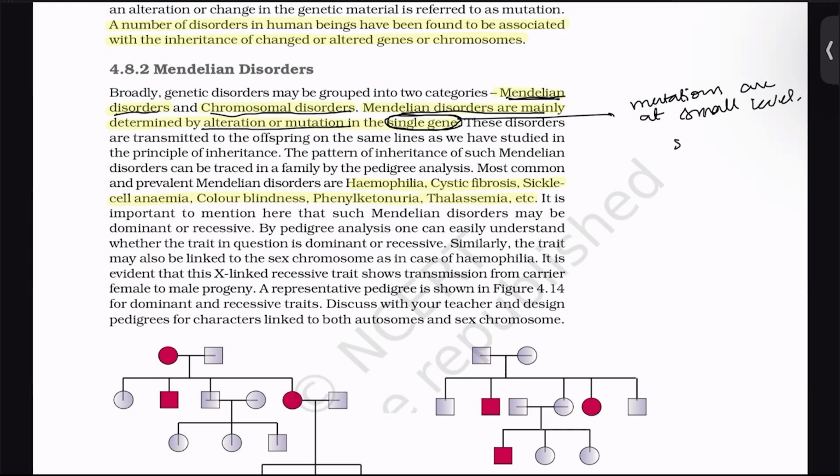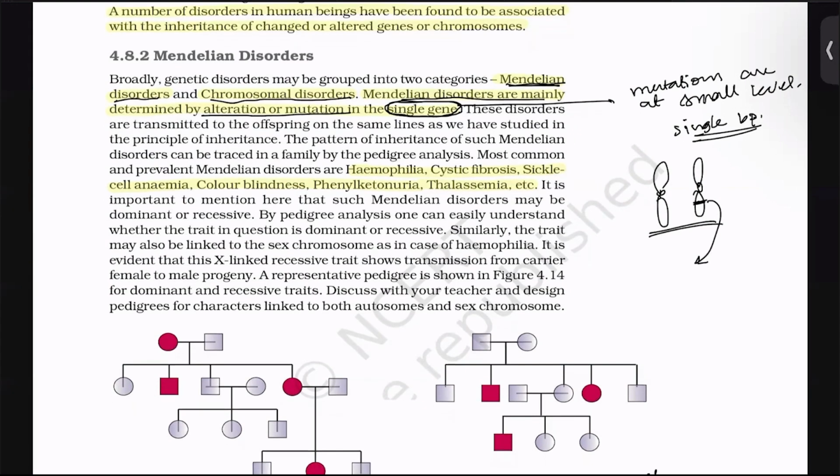Only a single base pair is getting mutated, so the structure of the entire chromosome remains unaffected, and the mutated gene follows the laws of inheritance provided by Mendel, and that's why these disorders are known as Mendelian disorders.